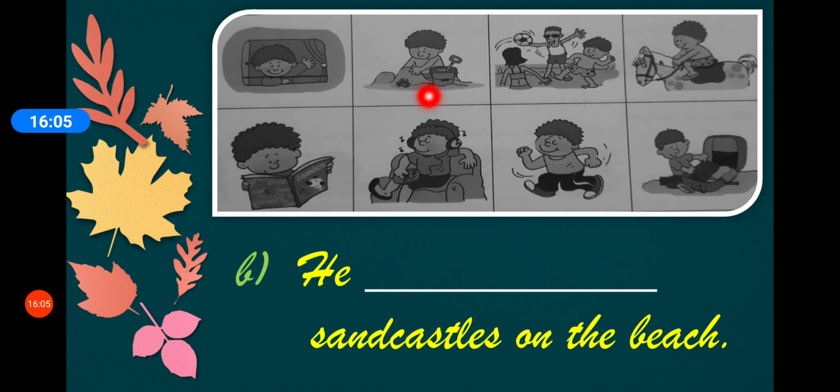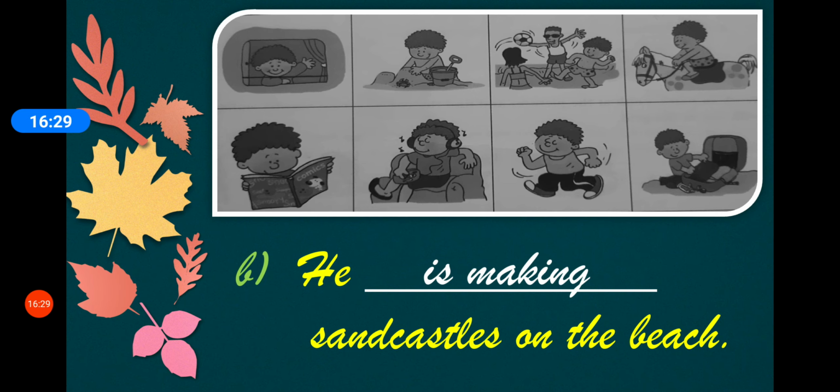Make is the verb, I think that would fit here. Yes? Do you agree with me? Right. So, in present continuous tense, how are we going to write it? Very good. He is making sandcastles on the beach.